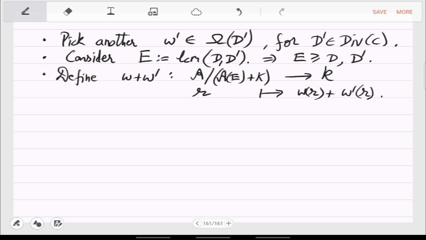Well, clearly omega and omega prime are field elements, constants, so you can add them. So this is a linear map, but you have to check whether omega plus omega prime is annihilating A_E. That you have to check. So what is omega on A_E plus K?